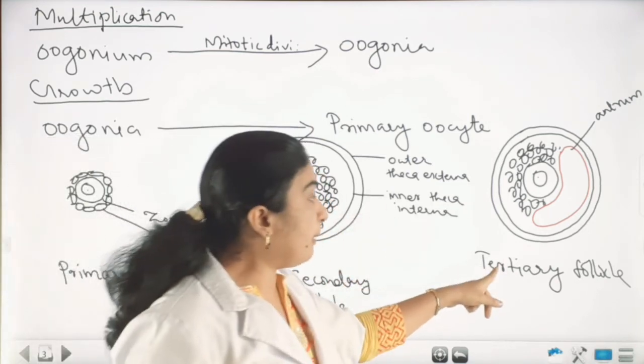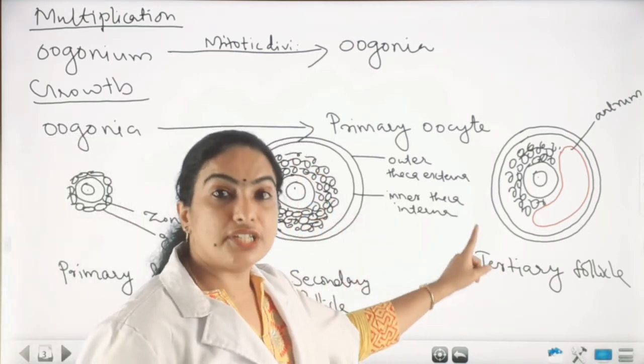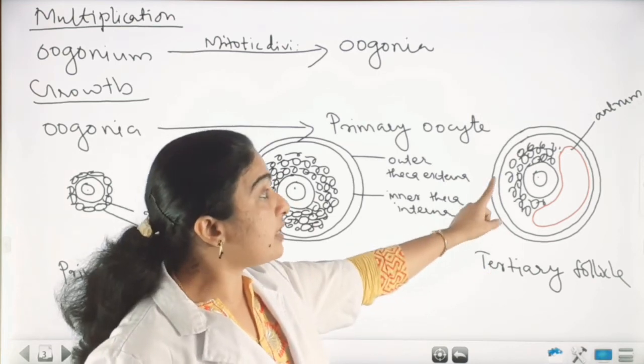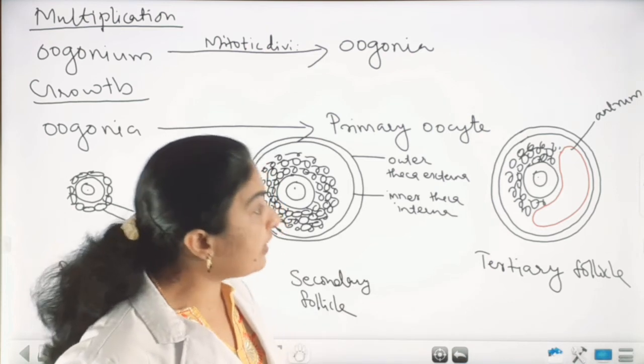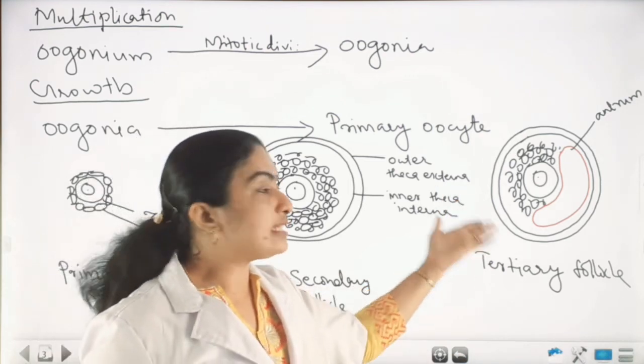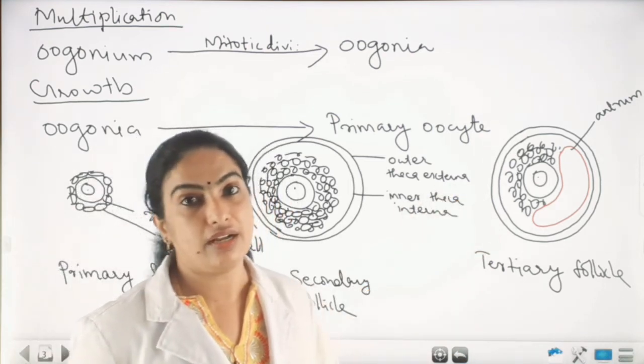And it undergoes development to form the tertiary follicle, and the tertiary follicle is characterized by the presence of a fluid filled cavity such as the antrum, along with the granulosa cells, outer theca, inner theca, etc.